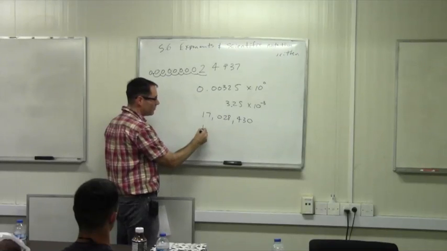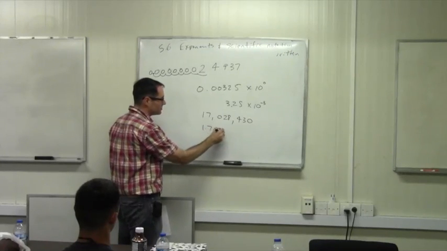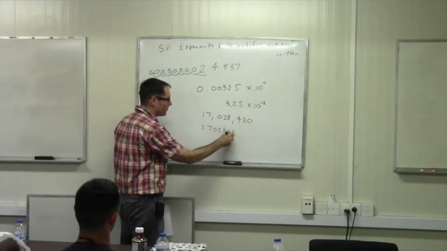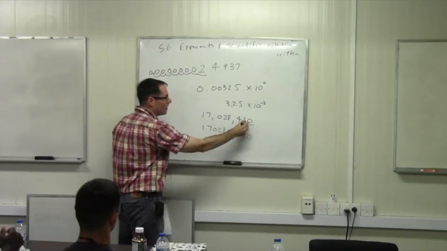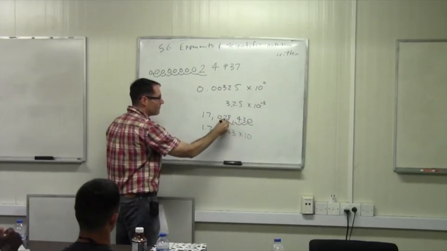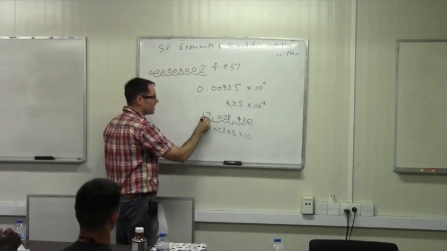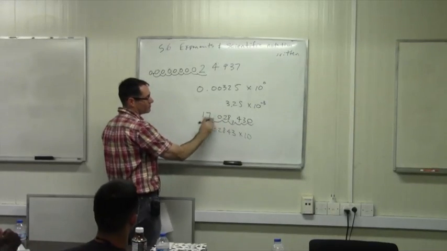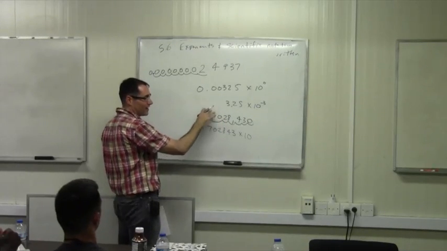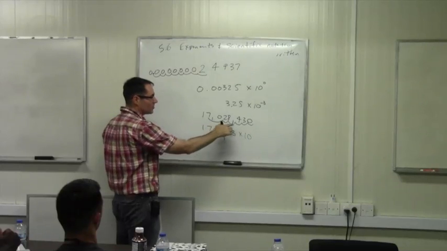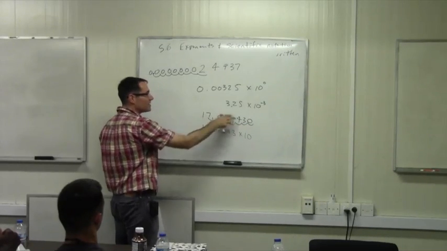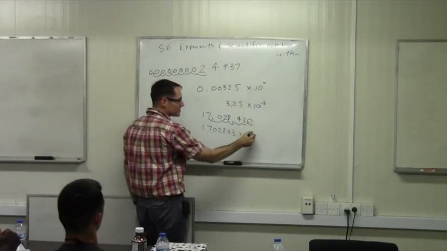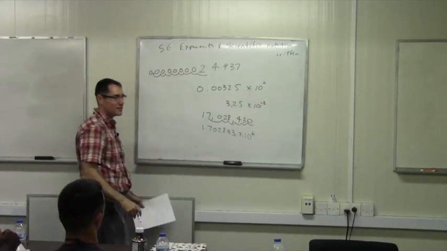So it's going to be 1.702843 times 10 to the, and now we're going to go 1, 2, 3, 4, 5, 6. Don't worry about the commas in there. Just go numbers. This number got a lot smaller, so this has to be bigger by 6.